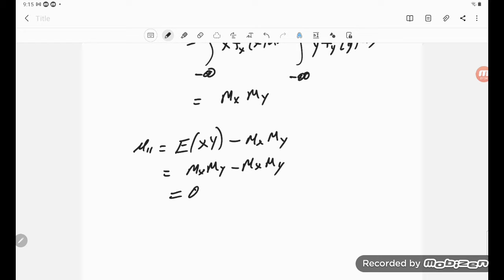So indeed, if x and y are independent, then our covariance is 0, and the correlation coefficient is also 0.